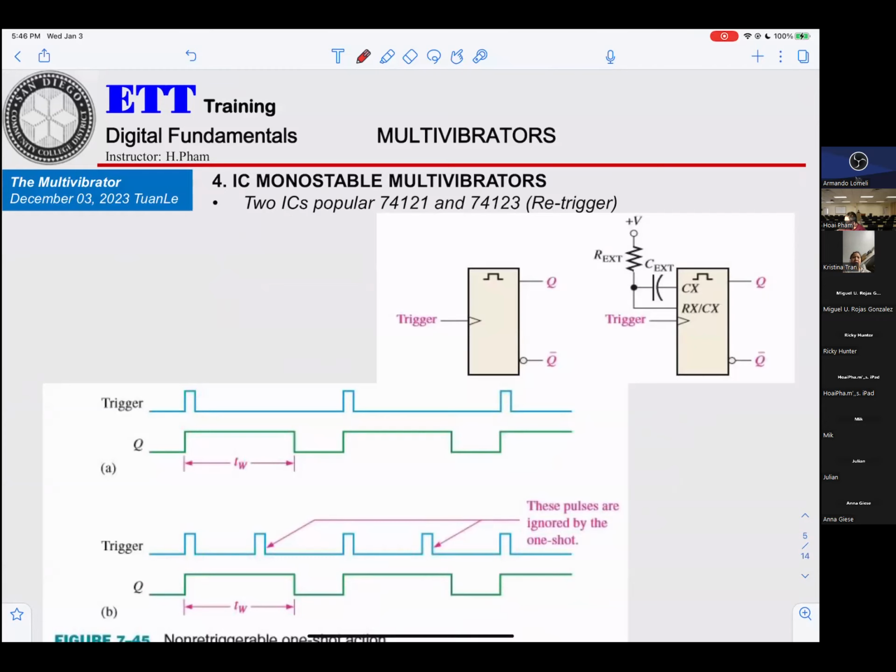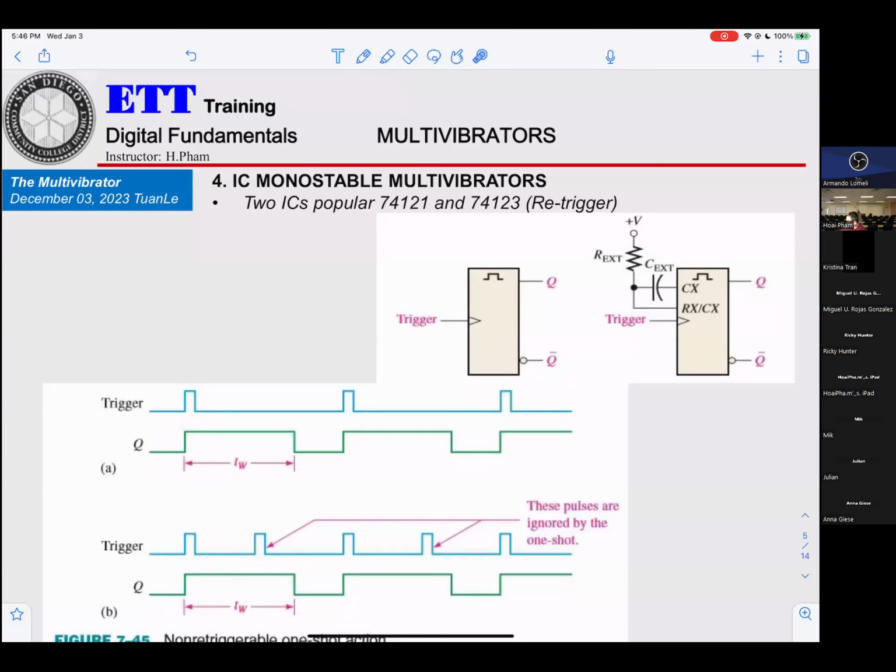Okay, another one. Two popular ICs, 74121 and 74123. This is a very simple circuitry using IC 74121 or 74123 for the trigger.